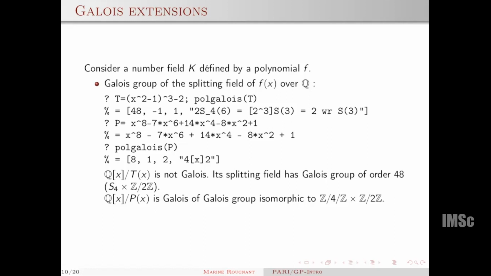If your extension is Galois, then you will have the same order as the degree of your polynomial. And for example, this one is Z/4Z times Z/2Z. And this expression here means Z/2Z times S4, which is actually a group of order 48.